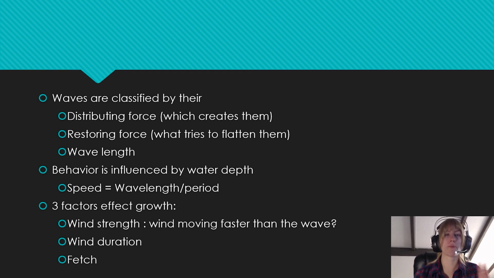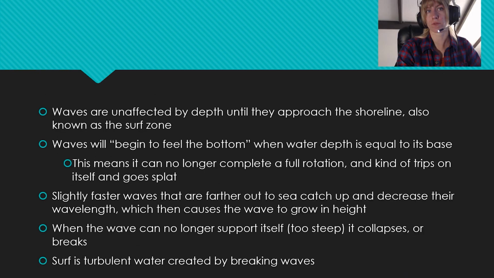In order to make sure that a wave keeps going, its disturbing force needs to be stronger than its restoring force. This behavior is then influenced by the speed, or the wavelength over period. And again, strength, duration, and fetch. The wind is what affects it.